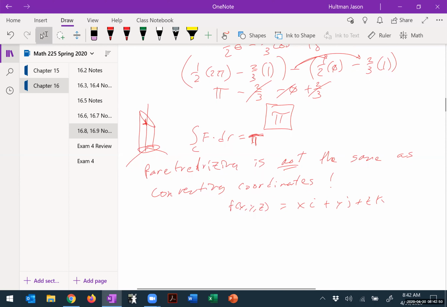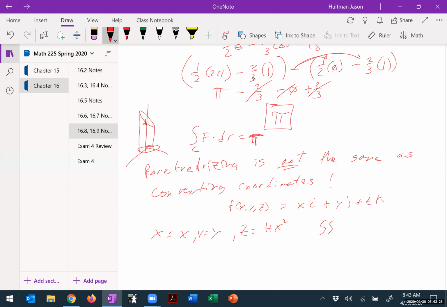And then we could say that z is equal to, say, 1 plus x squared. So we have these parameters, x, y, and z is equal to 1 plus x squared. We would set up these parameters, and then we would do either a double integral or a triple integral on these parameters.